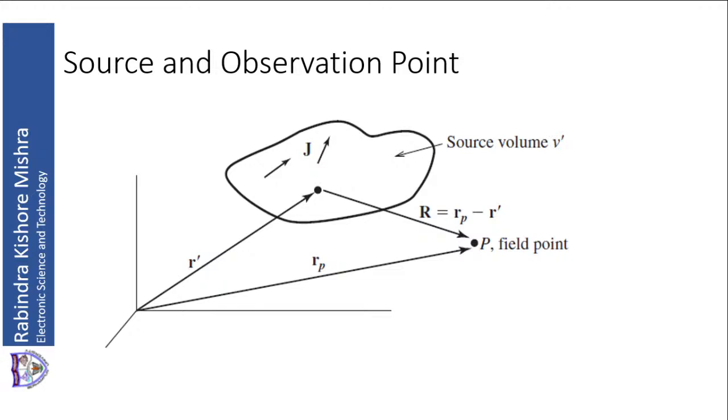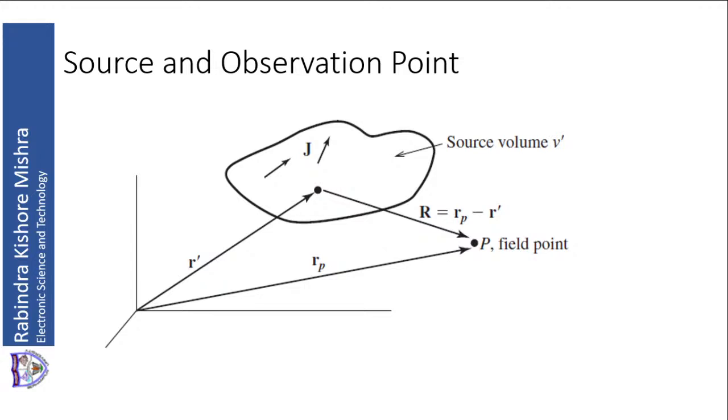Because of the source there is a current density J. The effect of current density J, we are going to observe at an observation point, and the effect of current is creation of an electromagnetic field. A time-varying current creates an electromagnetic field.